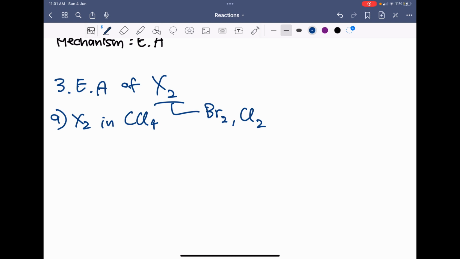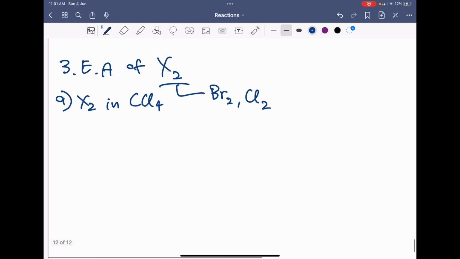Why is that the case? Because fluorine reacts explosively with alkenes, so it's not favorable. And iodine, the reaction is thermodynamically unfavorable because the bond is so strong that you would just need so much energy.